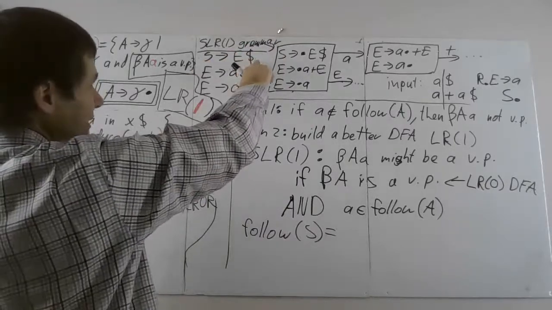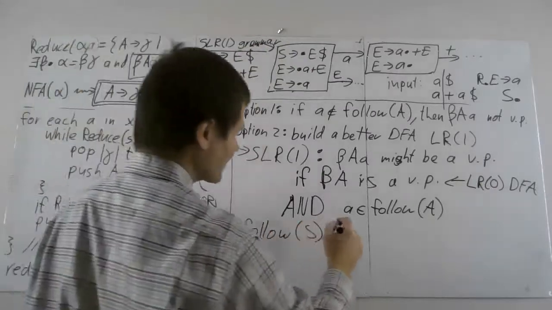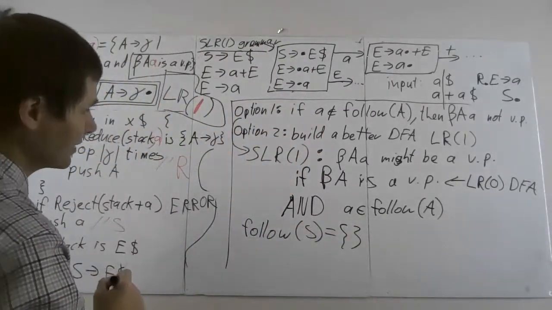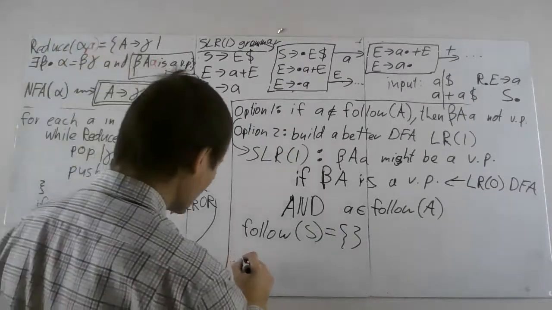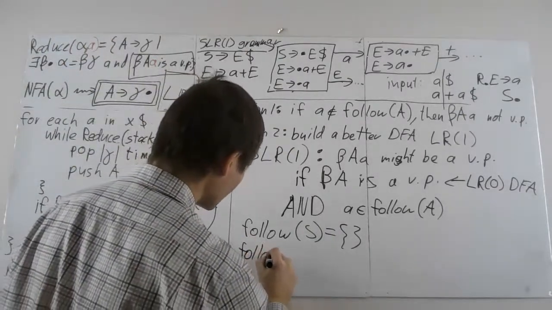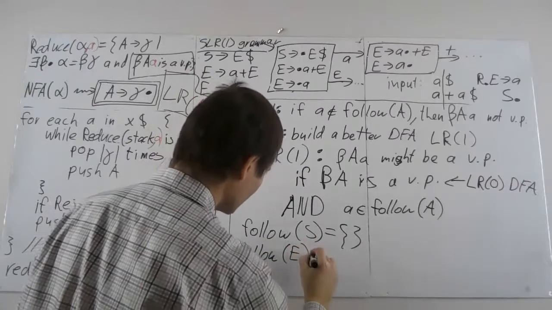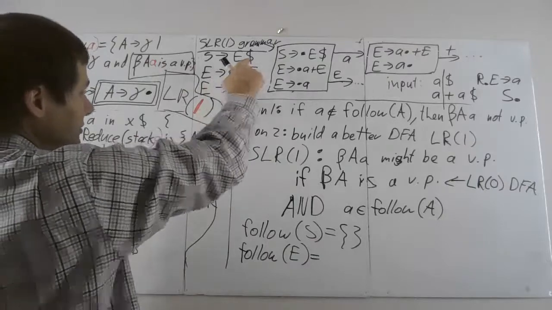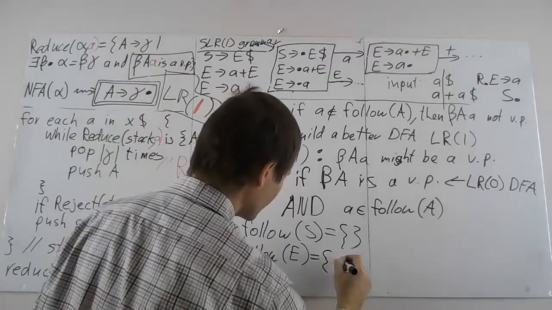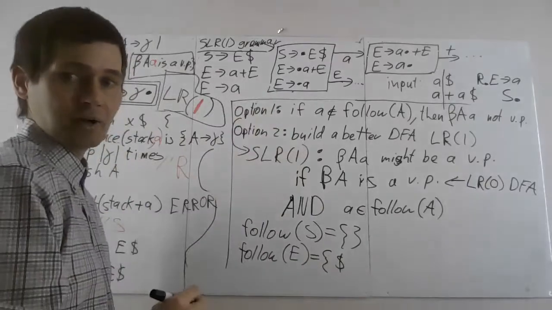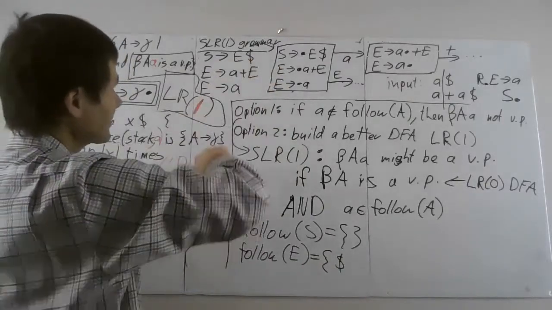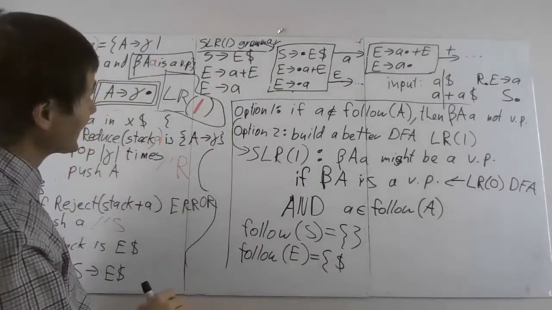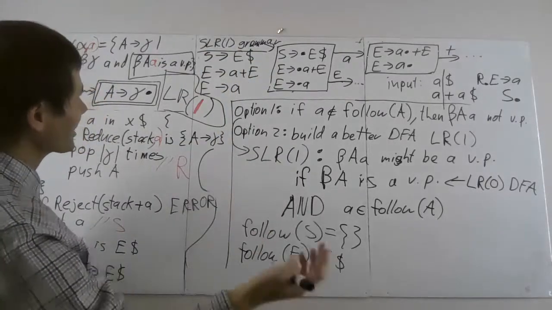After that it turns to E $, and then there are no more S's, so no sentential forms ever have anything after an S. And the follow set of E: I can have a $ sign after an E, in the sentential form E $.